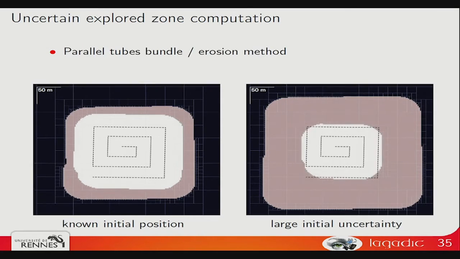If you use the parallel tube bundles with the erosion method, in the well localized case it doesn't change a lot because there was no uncertainty at all, but here we can prove a larger cleared zone with rather low computational cost.